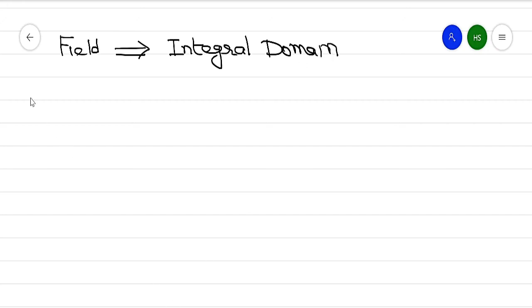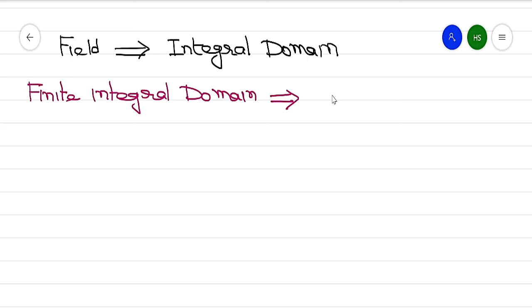So every field is an integral domain. But in the converse part, a finite integral domain is a field. So not every integral domain is a field, but a finite integral domain is a field.